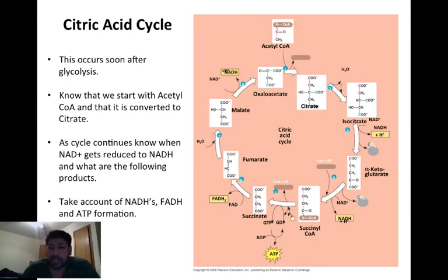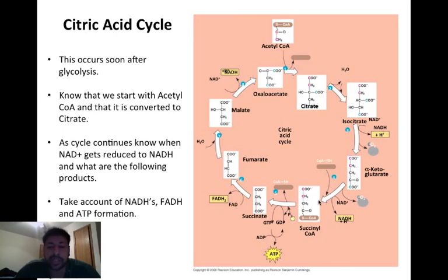As the cycle continues, this is what I want you to get out of the citric acid cycle. Again, I want you to know that we start out with acetyl-CoA. Again, don't worry about the structures. But I want you to know that once things get going, we go from acetyl-CoA to citrate. Citrate then goes to isocitrate. Isocitrate to alpha-ketoglutarate.